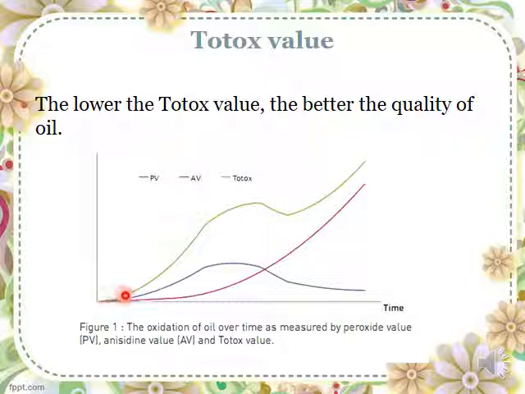If the PV is high, AV also would increase. So when PV is high, AV increases, the Totox value would be high also. That's why low Totox value means better quality, because if these two are high, it means high aldehyde compound, which leads to rancidity.